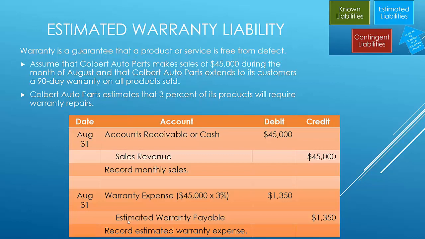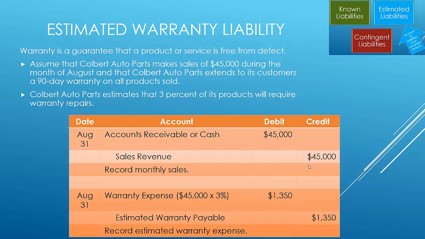Okay, so then I have an estimated warranty payable right over here that's going to stay. And this way, if you'll notice, what's happening is that I've got sales revenue over here and I've got a warranty expense that's going to be matched up with that revenue. So I made all of this revenue, but I also am likely to incur this $1,350 in expenses as a result of making that revenue.